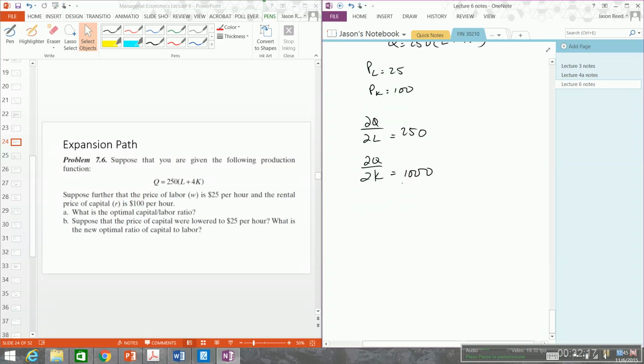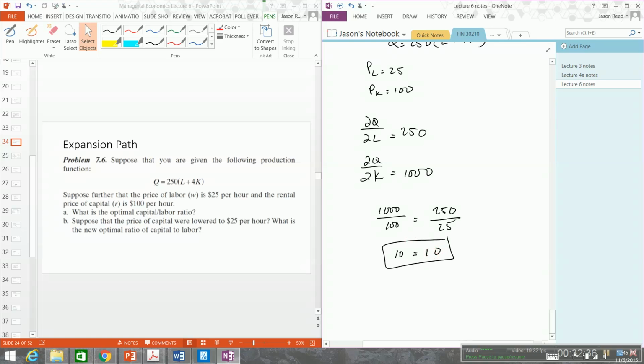And now we can set these equal to each other. So we have marginal product of capital 1,000 divided by the price of capital 100, and that should be equal to the marginal product of labor divided by the price of labor. And lo and behold, what we end up seeing is that these are indeed equal to each other, that we get 10 on both sides.